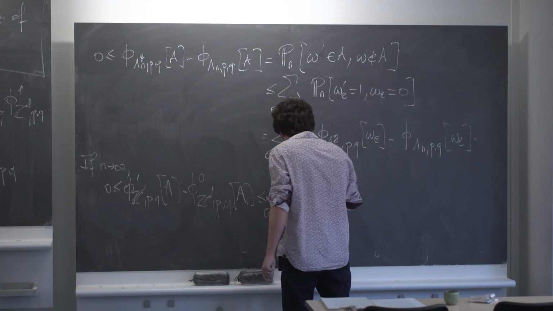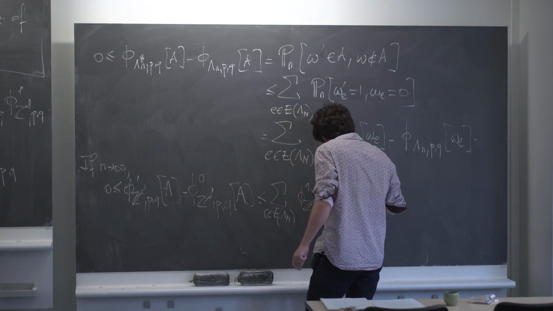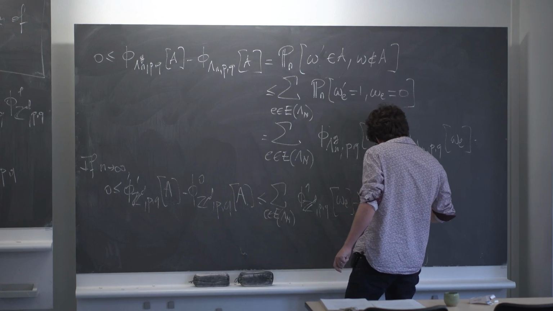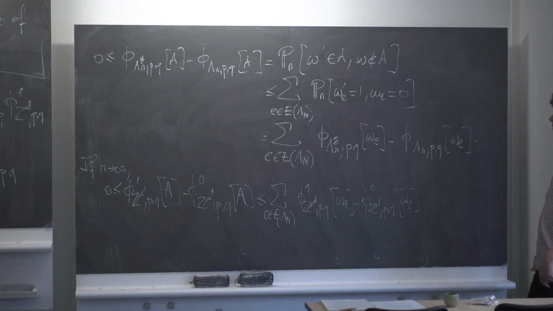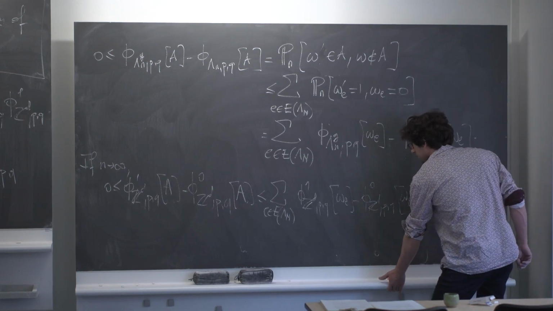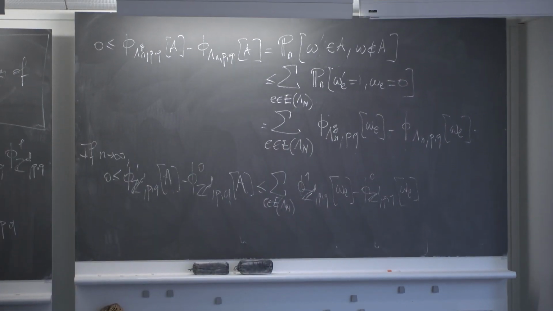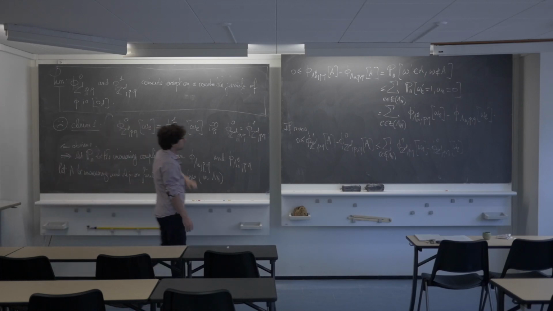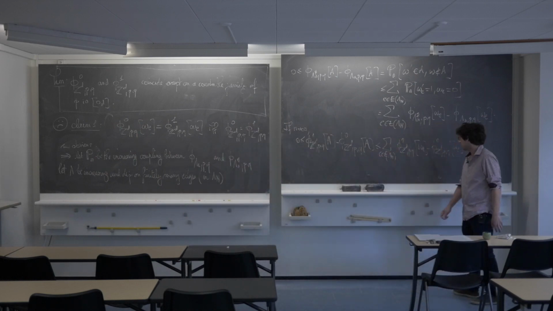And here I get phi 1 ZdPQ of omega E minus phi 0 ZdPQ of omega E. But my assumption in this direction is that this is true for an edge, but by invariance under translation for every edge it's true. So if this is equal to this, that means that this is equal to 0, because I have a finite sum here.